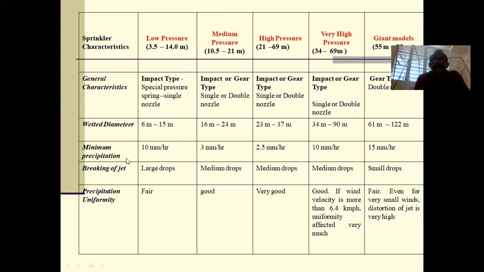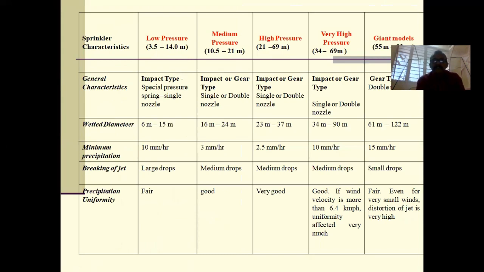This is a table which talks about sprinkler characteristics of different sprinklers at different pressures. There are 1, 2, 3, 4, 5 ranges of pressure. One is low pressure. Low pressure varies between 3.5 meters to 14 meters of pressure head.